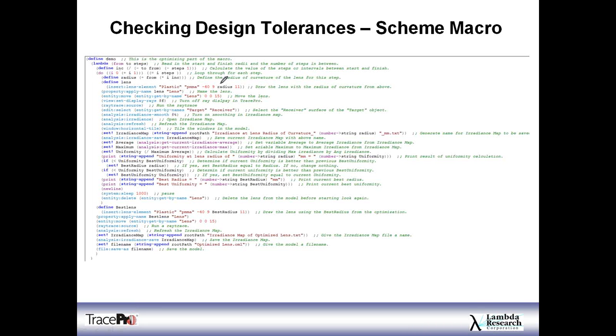It draws the lens using that radius, runs the ray trace, saves the irradiance map, each map with a unique name, and then steps back through the process, changing that radius of curvature each time. As I said, this macro would also go back and save the one that had the best uniformity, but those are extra steps not necessarily needed for just checking radius of curvature changes.